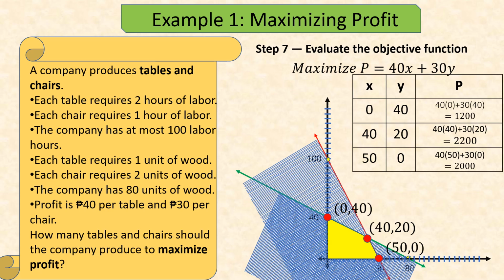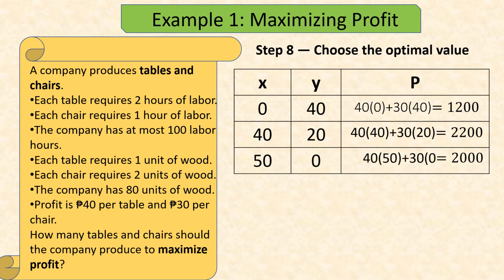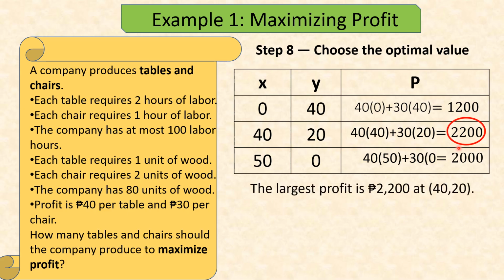Okay, so now we need to choose the optimal value. In this result, the highest profit is 2,200. So that means the largest profit is 2,200 pesos at coordinate 40 and 20.